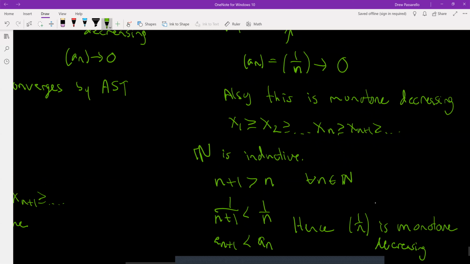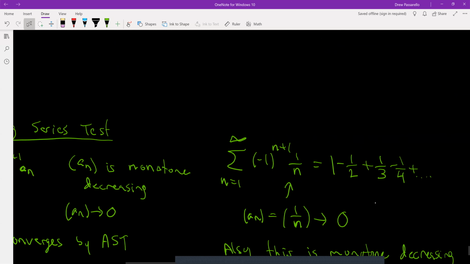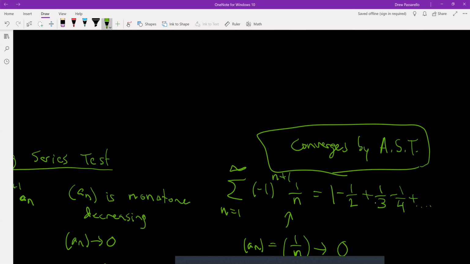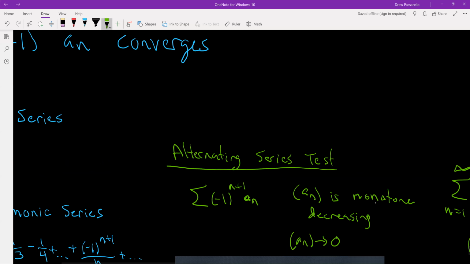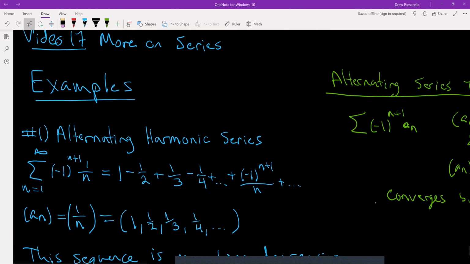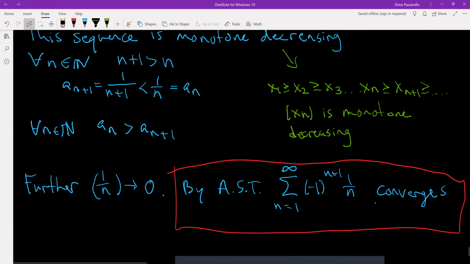Since it's monotone decreasing, and since the sequence 1 over n converges to 0, this converges by the alternating series test. That's just an example I figured I'd start out with. That's not difficult. I did work it out right here, everything I said.